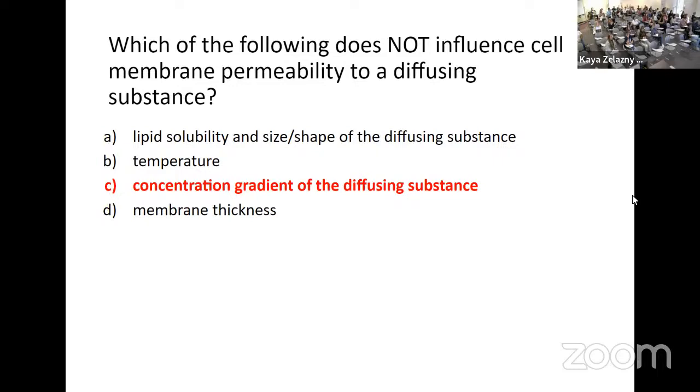So here, for just simple diffusion, we don't have to worry about concentration gradients relating to the permeability because it either is or is not permeable. There's kind of a yes or no version here.